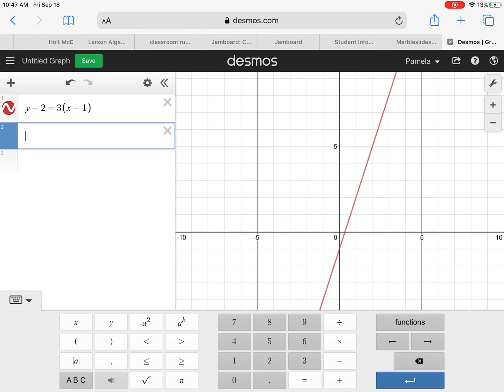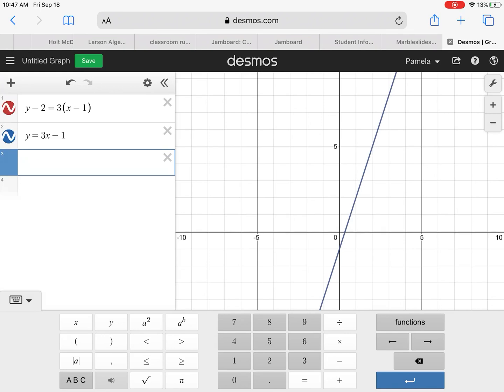The second form we found was slope-intercept form, which was y equals 3x minus 1. Do you see how literally it's the same exact line? Now look at this. This is my red equation, the top one. This is my blue equation, the bottom. Do you see how they're literally on top of each other? That's why you don't see a difference. They're the exact same equation.